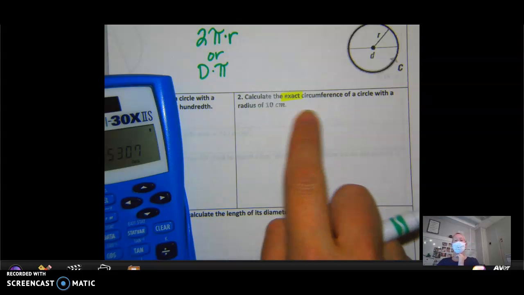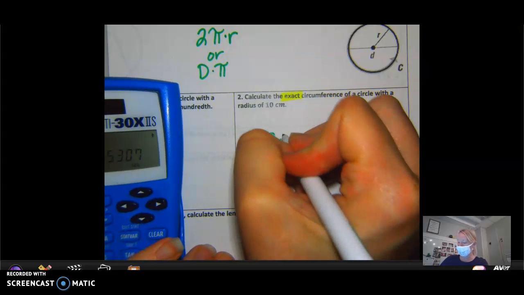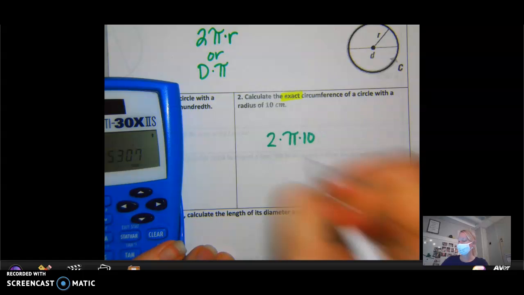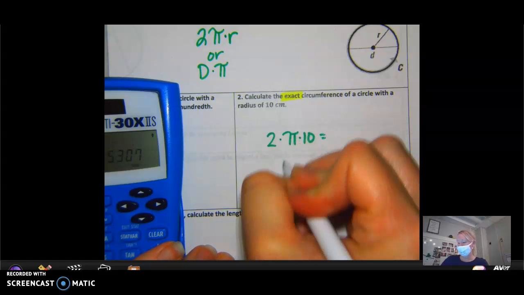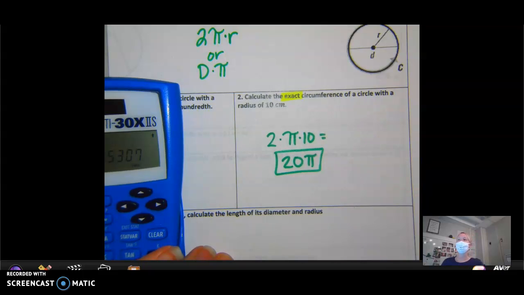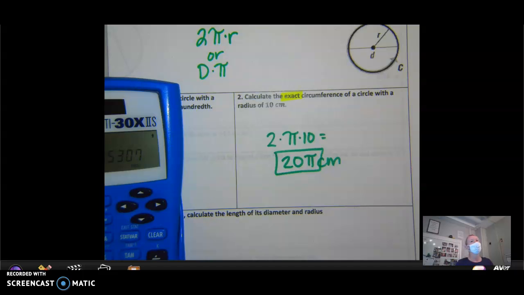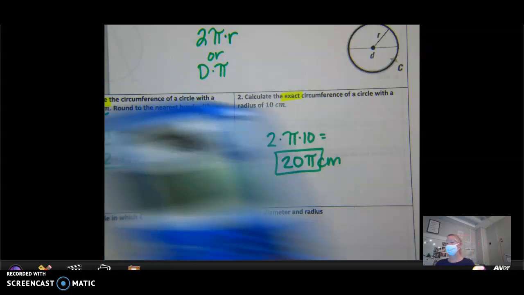So if I say calculate the exact circumference of a circle with a radius of 10, I would do 2 times pi times 10 again. What's 2 times 10? So this answer would actually just be 20 pi, and that's how they're wanting you to leave it, with pi actually in the answer, and that's centimeters. That is a more exact answer. Even though we don't know what that exact number is, it's a more exact answer because we're not rounding anything.